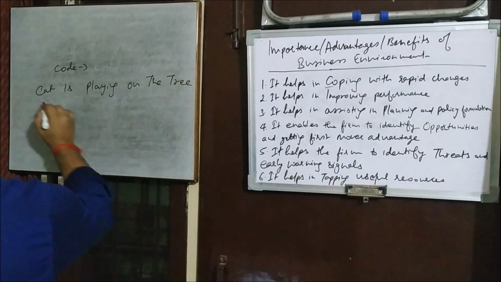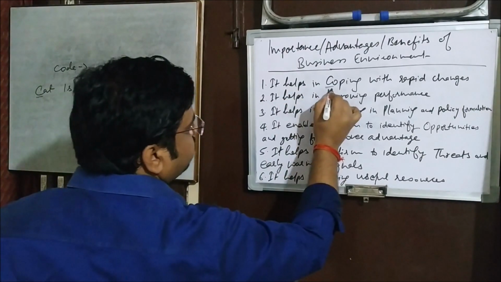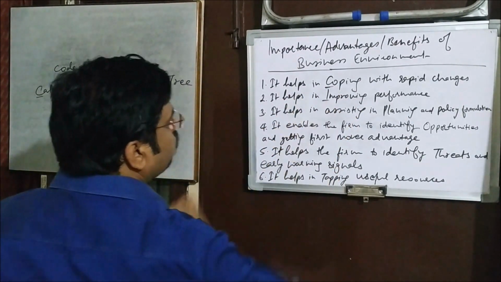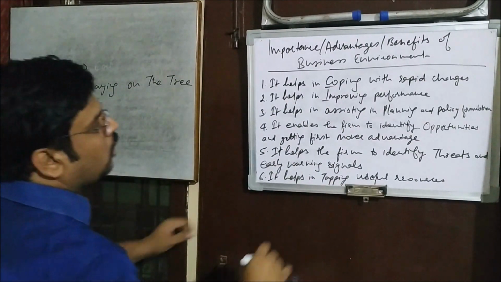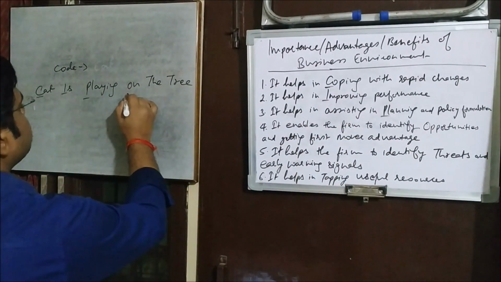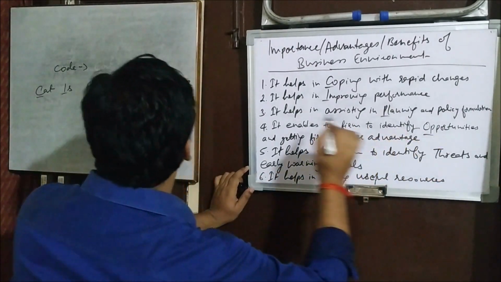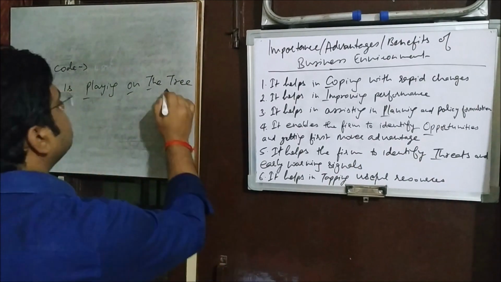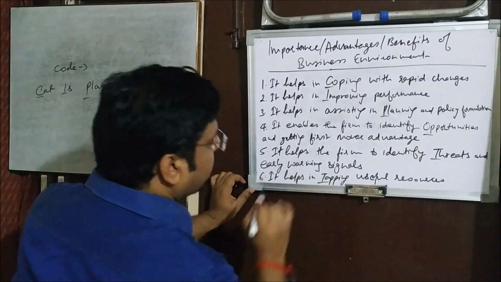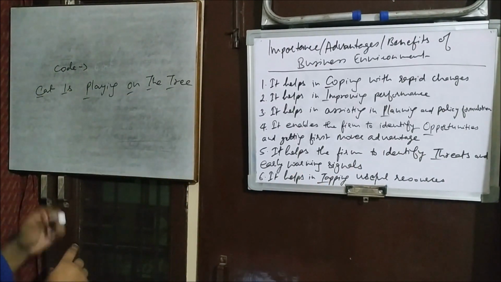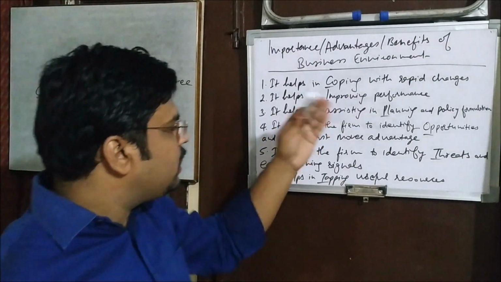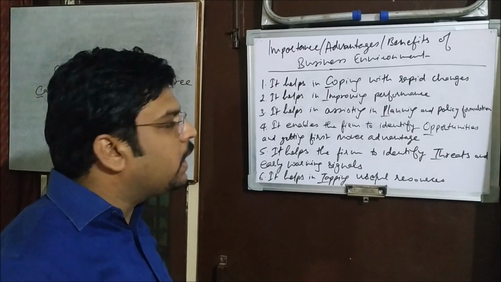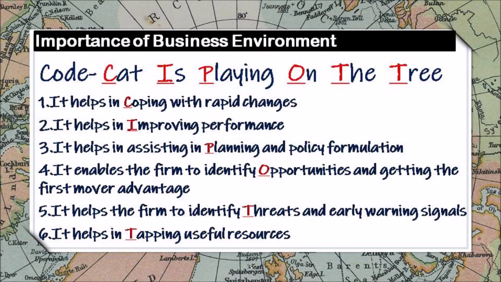So this C stands for coping here, this I stands for improving, this P stands for planning, this O stands for opportunities, this T stands for threats, and this T again stands for tapping, right? If you remember these words, then by remembering these words you will remember the whole point in your mind. That's why I made that code.